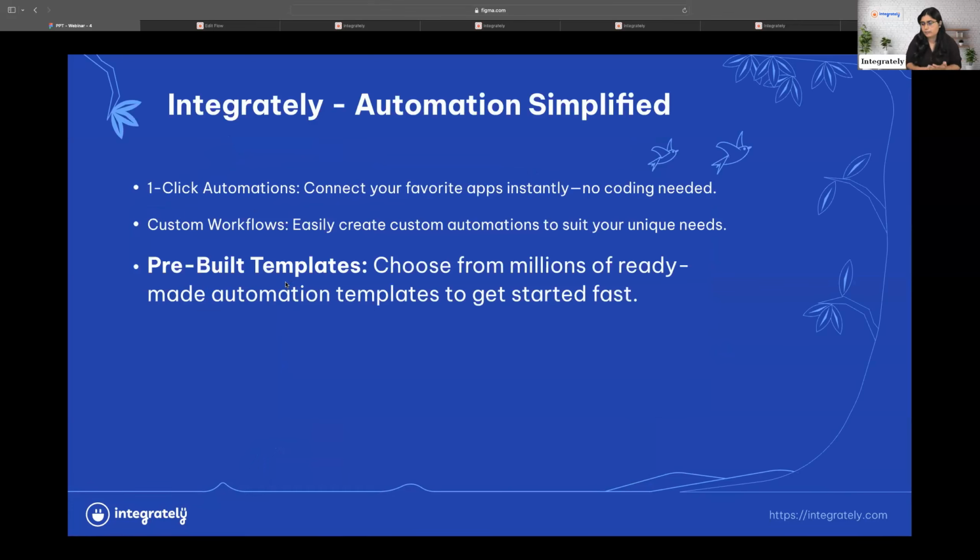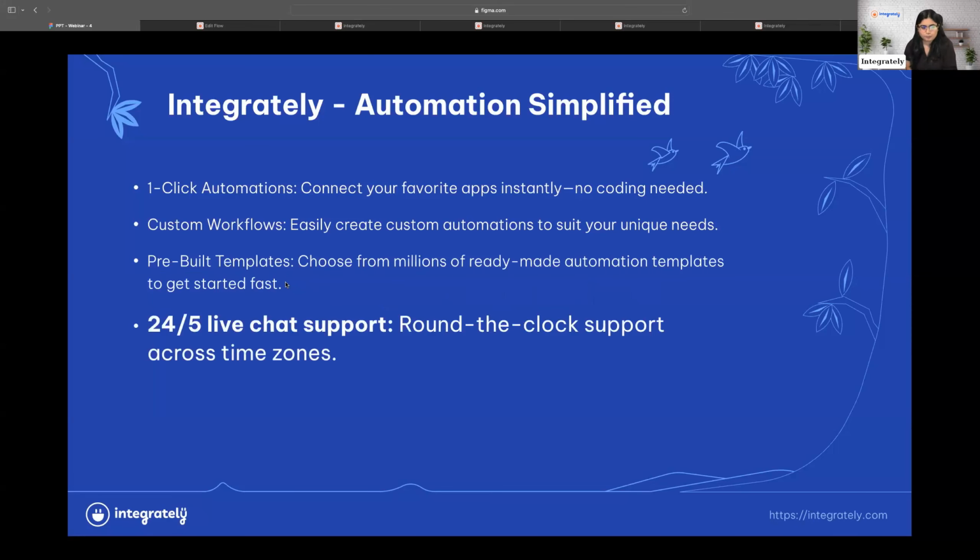And let's not forget about people who are just starting out. So we have over 20 million ready templates. So users can just select whatever apps they are using, and there is a ready template for it. They can start using it from the get-go. And we have round-the-clock support across all time zones, 24/5. You can reach out to them. Our support is very helpful.